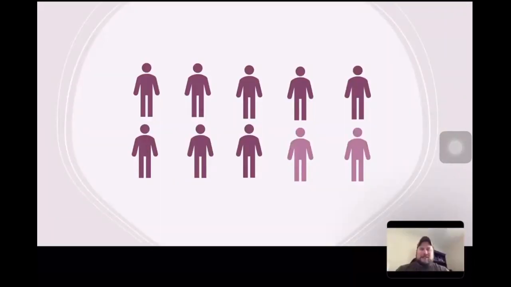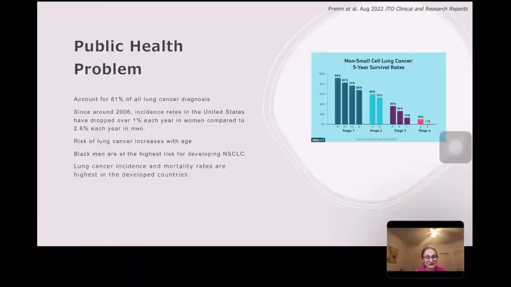How many people are affected by this cancer? So 80 to 85% of lung cancers are non-small cell, while 15 to 20% of lung cancers are small cell. So how big of a public health problem is this? Well, non-small cell lung cancer accounts for, like Olivia said, between 80 and 85% of all cancer diagnoses.